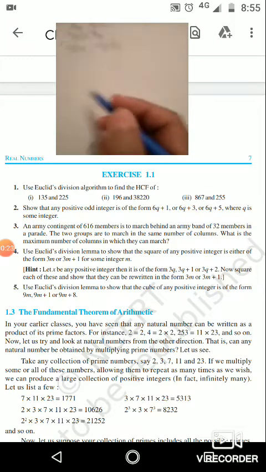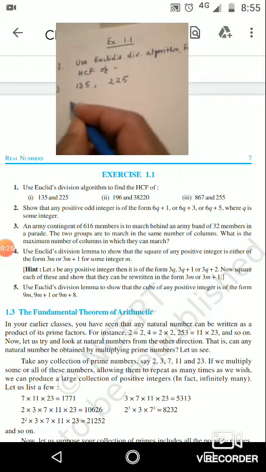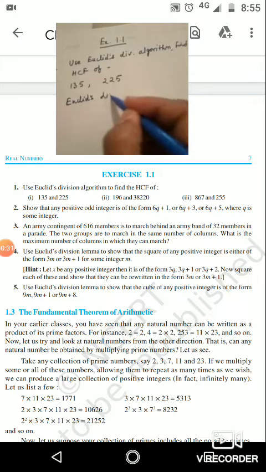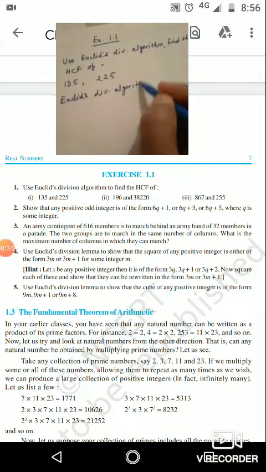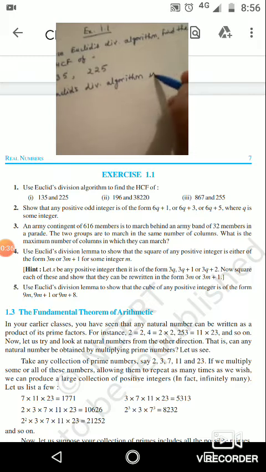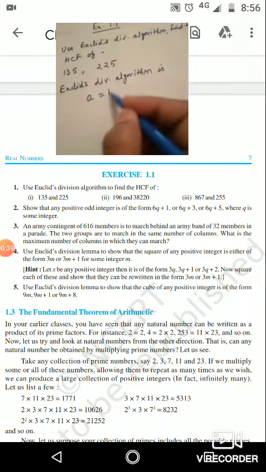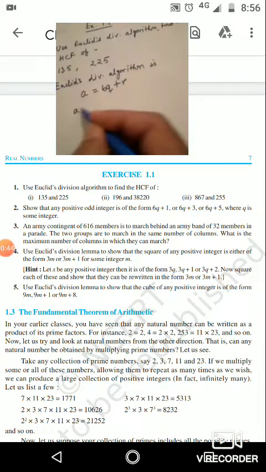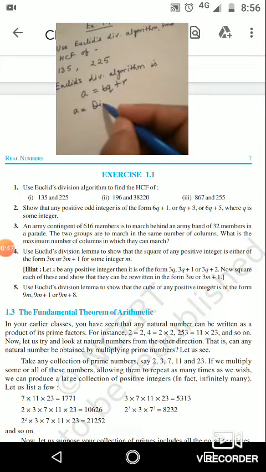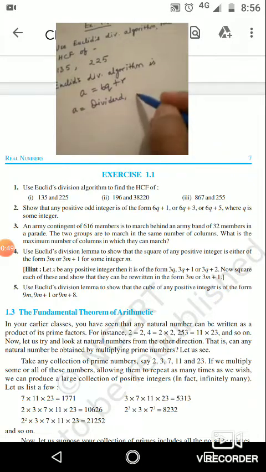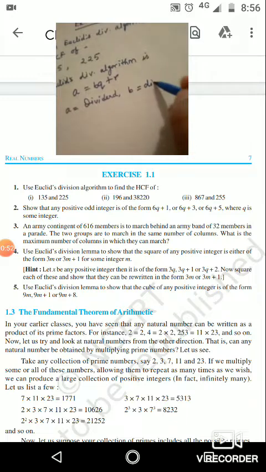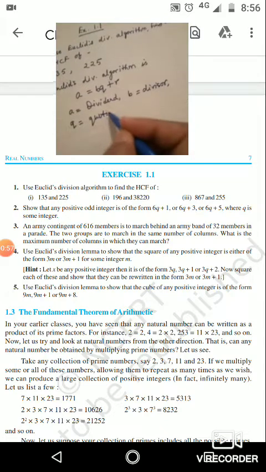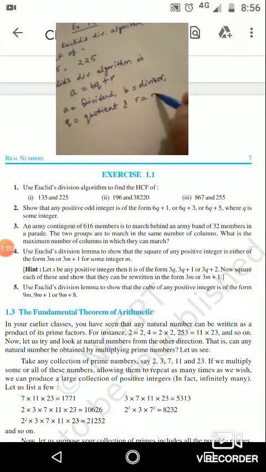Now, first, you know Euclid's division algorithm is A equal to BQ plus R, where A is the dividend, B is the divisor, Q is the quotient, and R is the remainder.